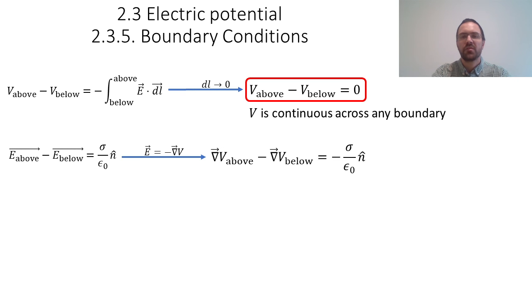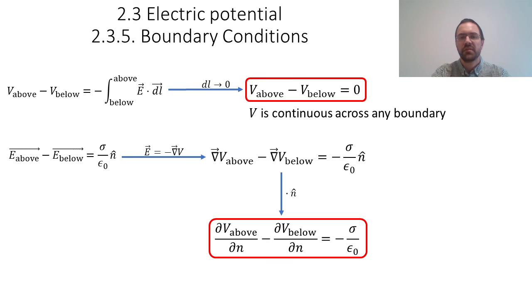That means that only the component of the gradient that is in the direction of n hat is discontinuous. Another way to write this relation is to take the scalar product with n hat on both sides of the equation. You obtain that the variation of V above along n, dV dn above, minus dV dn below is equal to minus sigma over epsilon naught.